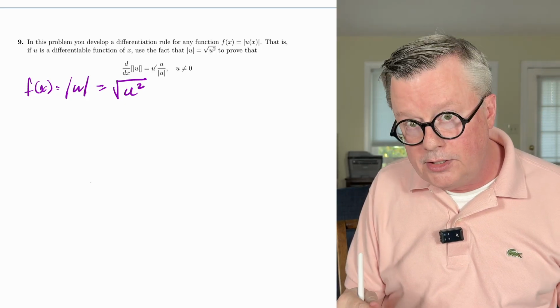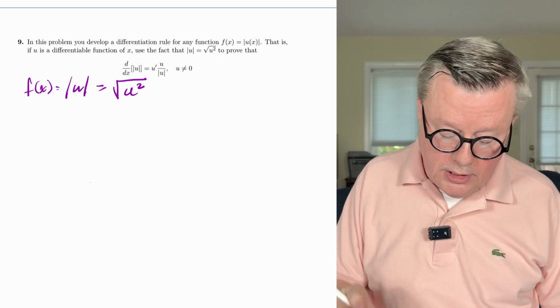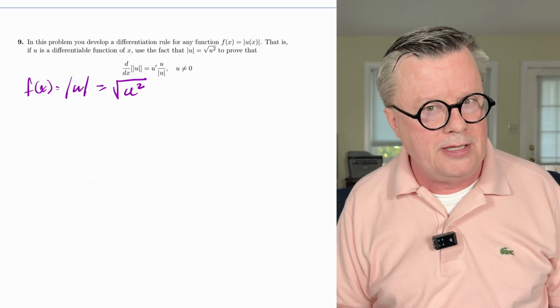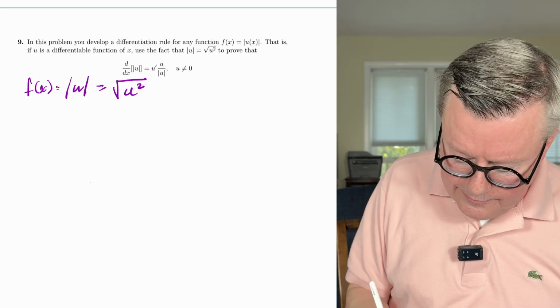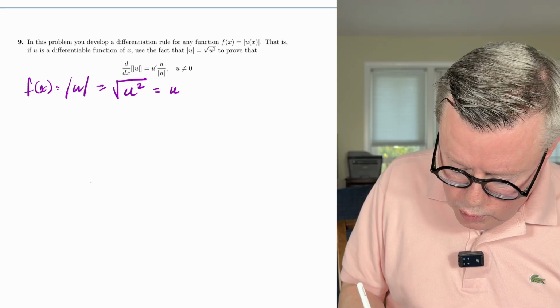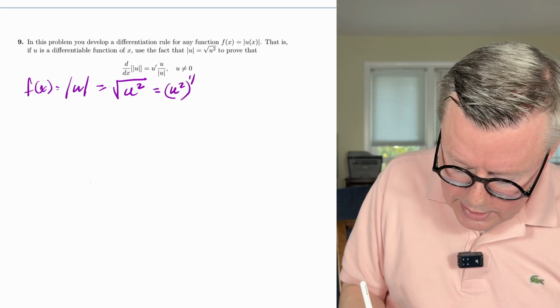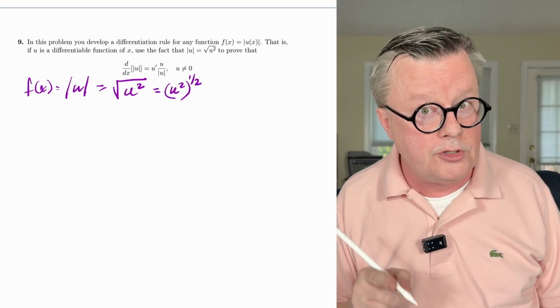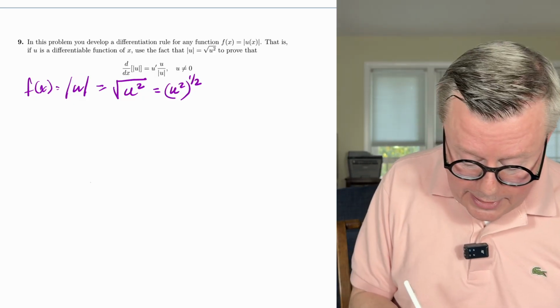And now I want to calculate the derivative of this function. All right, well, you're pretty good with powers, I think, by this point, right? Finding derivatives of powers. Let me change this f of x to be u squared to the 1/2 power. And now computing the derivative using the chain rule might not be so bad.